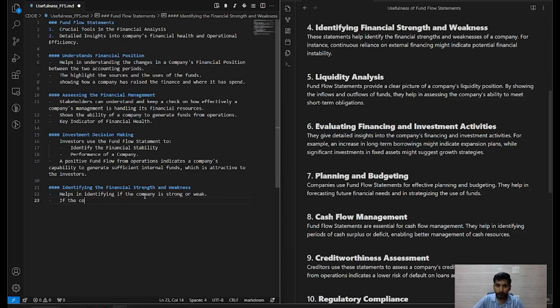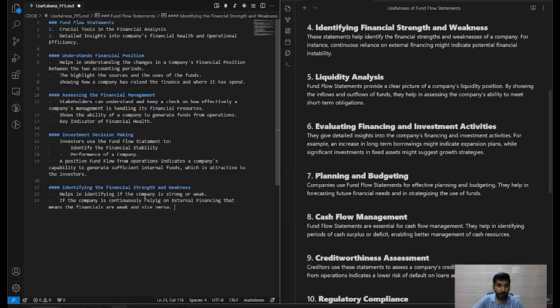If the company is continuously relying on external financing, that means the financials are weak, and vice versa.